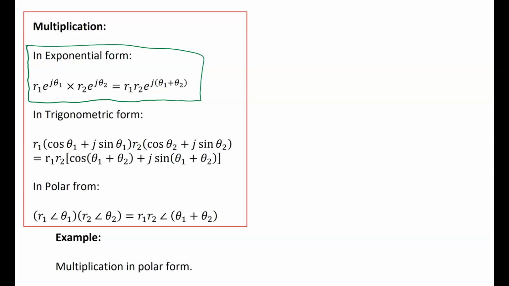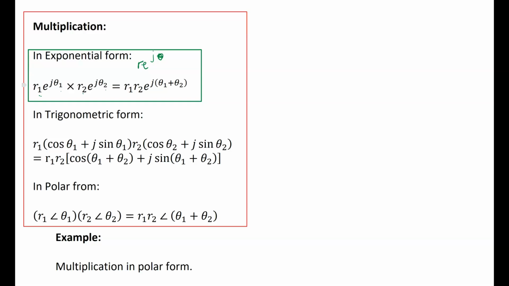Exponential form consists of r e to the j theta. Notice that I've got just a subscript here. This is for complex number 1, subscript 1, and for the second one, subscript 2, that's all.